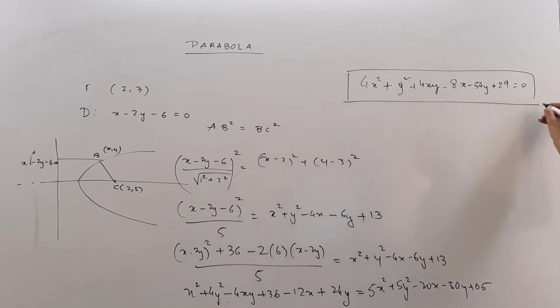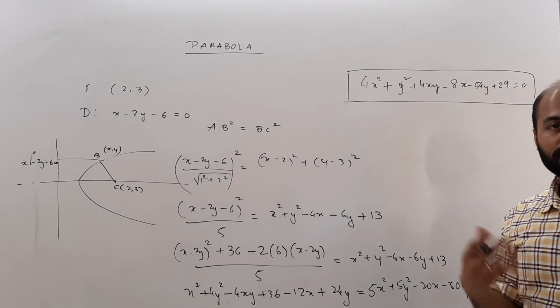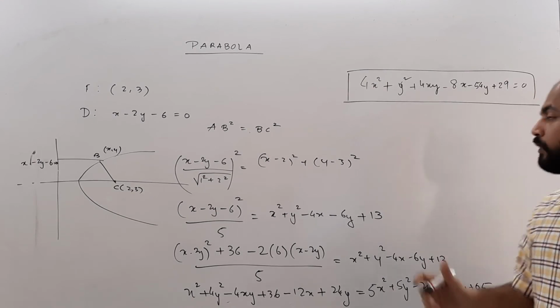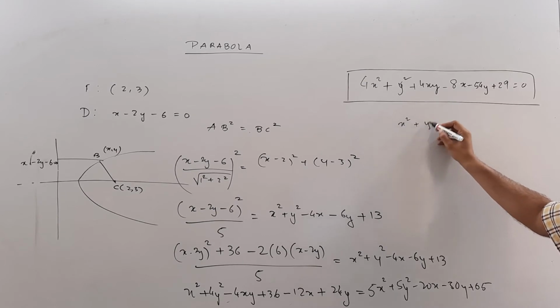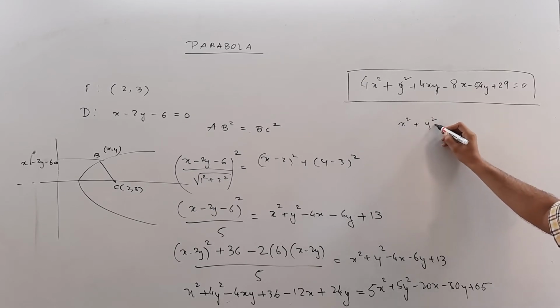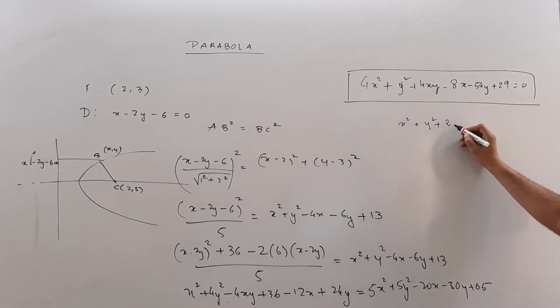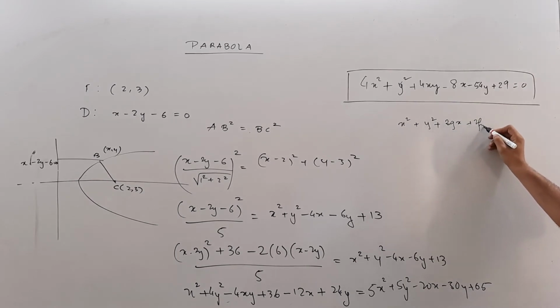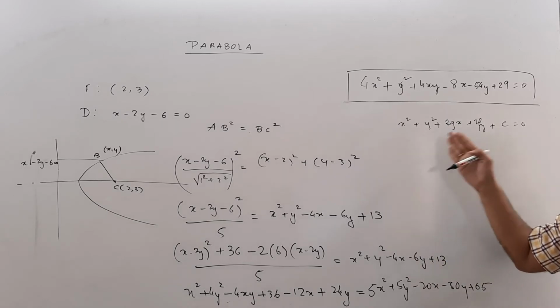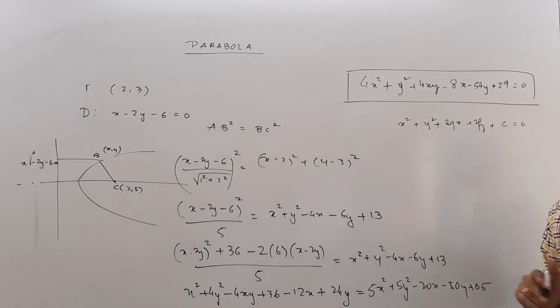So here you can clearly see that there is a difference between the equation of a circle and the equation of a parabola, because in a circle we used to have an x square term, a y square term, and the x term, which we call 2gx plus 2fy plus c is equal to 0. So there was an x square term, y square term, x term, y term and constant term.